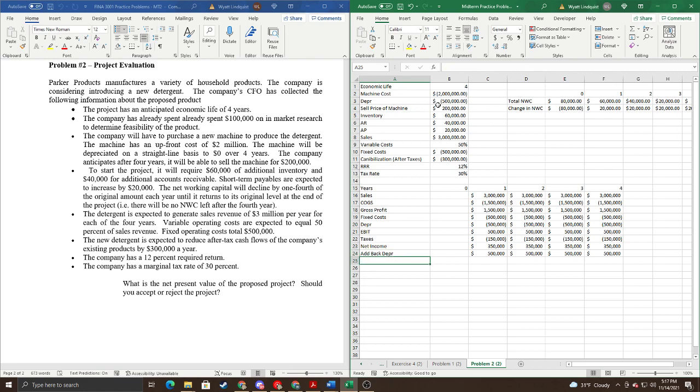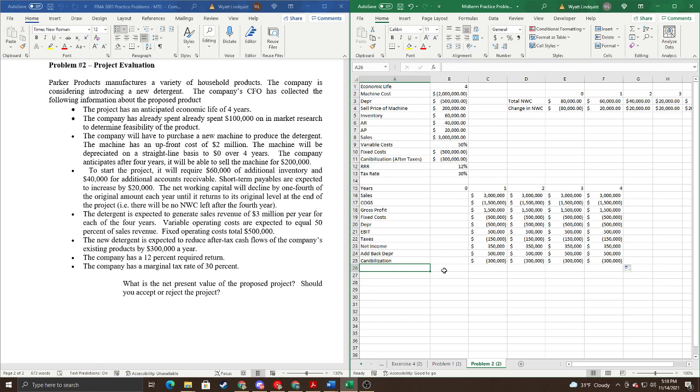After we have added back the depreciation, because now it is after taxes, we also need to add in cannibalization. And cannibalization is equal to negative $300,000. And we're just going to copy that across.